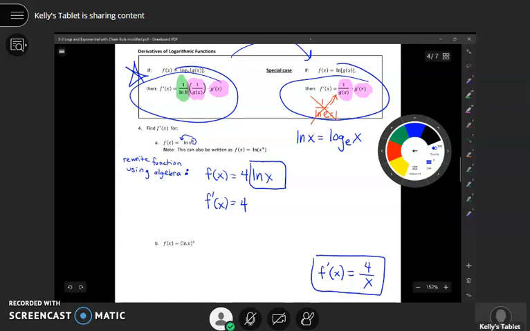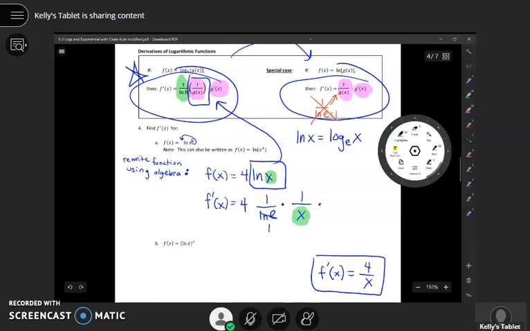Okay, I'm going to use my generic rule. So the first piece says I need to do 1 over natural log of the base, which is e. But that's just 1 over 1. Times the second part of the rule, this part right here, it says I need to do 1 over the argument. My argument now is just a plain old x, so I'm just doing 1 over x. That's nice.